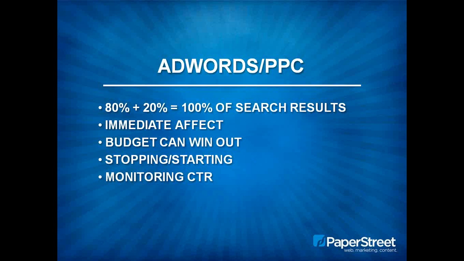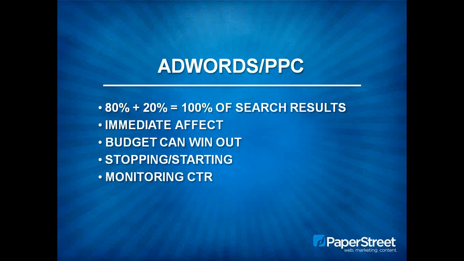The difference with AdWords and pay-per-click is that once you set up a campaign, you can get that campaign to rank almost immediately if you have the budget to put toward it.